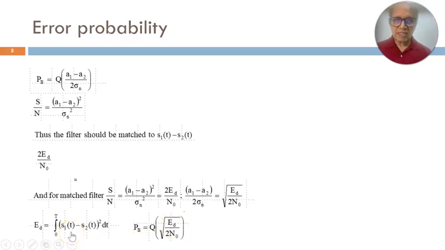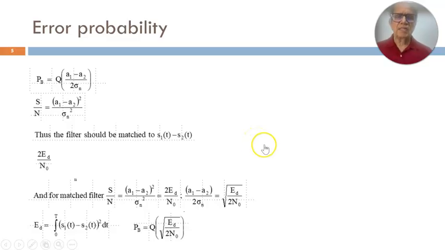Now, in order to study this further, we need to obtain the expression for ED by expanding this expression. And then the ED that we will obtain will depend on what is the correlation between S1(t) and S2(t). We'll see that in a minute. So let us do that now.